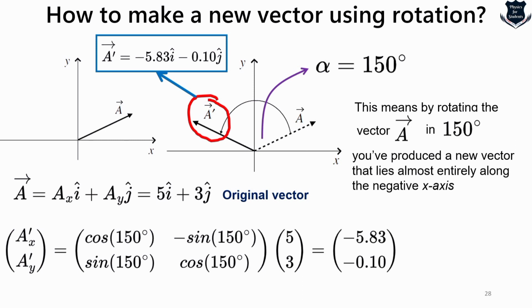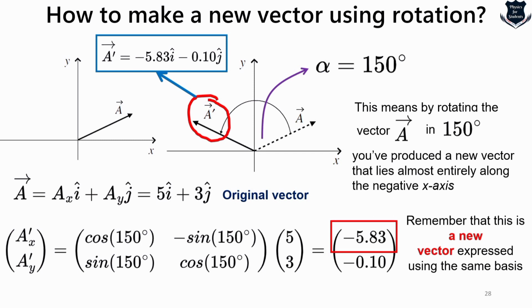You can see that the x component is negative and larger compared to the y component. Remember that this is a new vector expressed on the same basis i and j, and it is not the same vector expressed on a new basis, because we rotated the vector, not the coordinate system. This is important. We rotated the vector only, not the coordinate system.